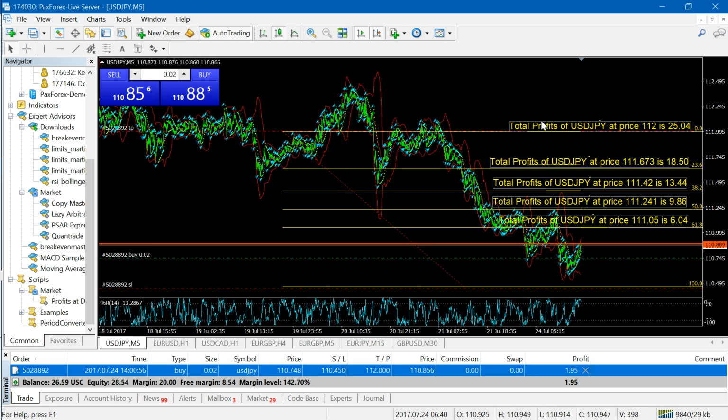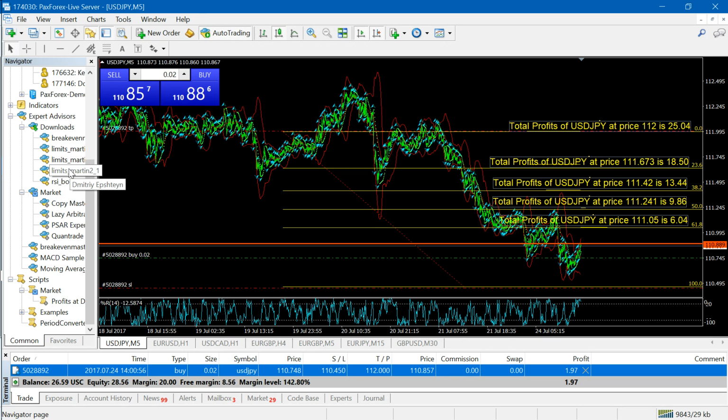This alone is one of the most unique and powerful combinations of indicators and scripts that you can find. And I have several of them right here that I use. The break even master, that's a good one.